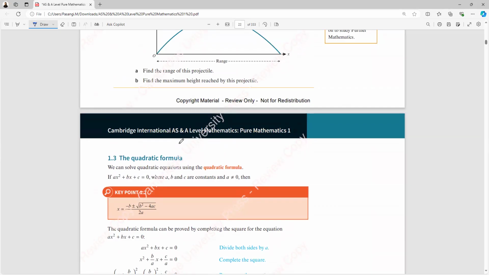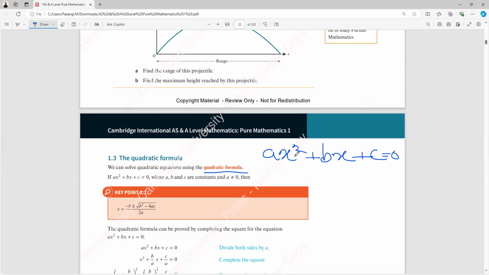Have you done the quadratic formula in further math? Yeah, we did, teacher. Okay. So for the quadratic formula, if I go through these quickly, if we have an equation like this, ax squared plus bx plus c equals 0.